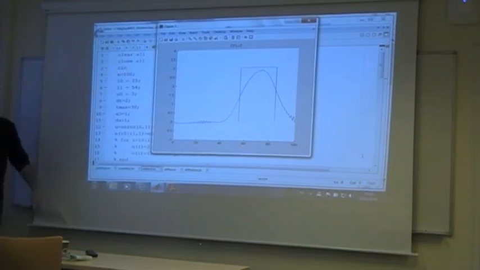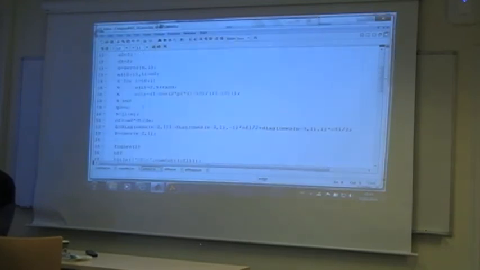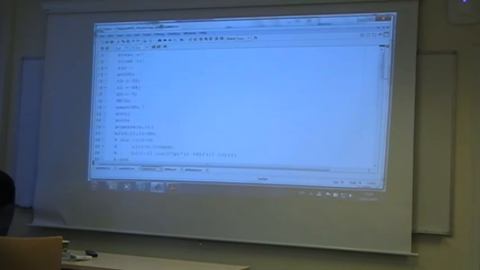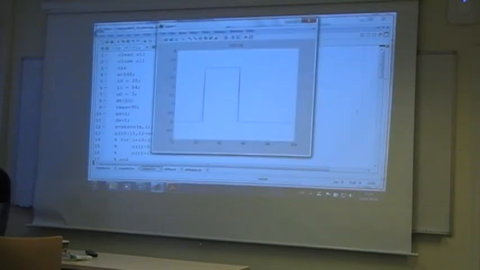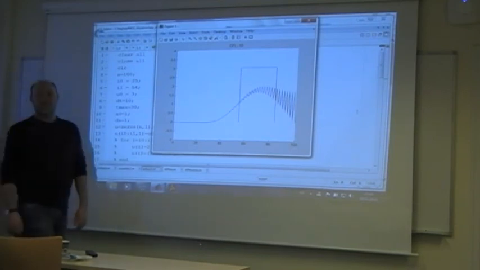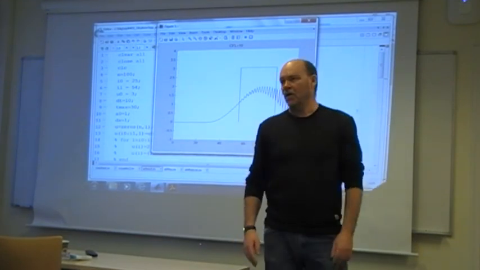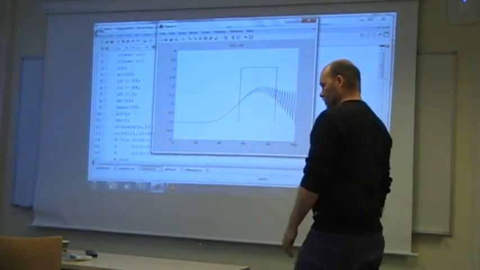Still gives a stupid result, but it's stable. I don't have that many time steps here, do I? I don't. Let's see. Where's my time loop? Tmax should be 30. Okay. So let's have a time step of 10. It's stable, but the result is, I would call it highly questionable, to say the least.